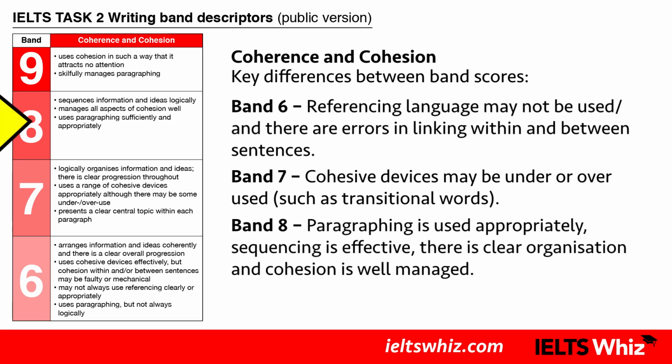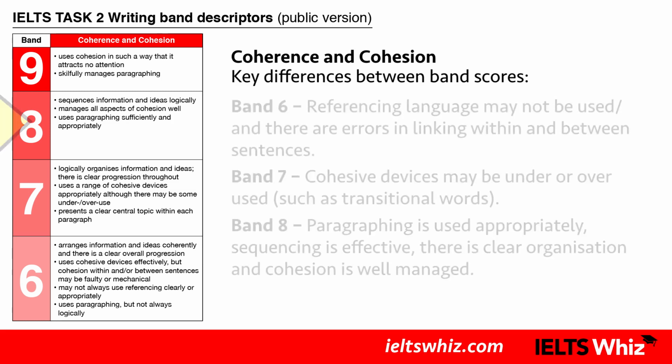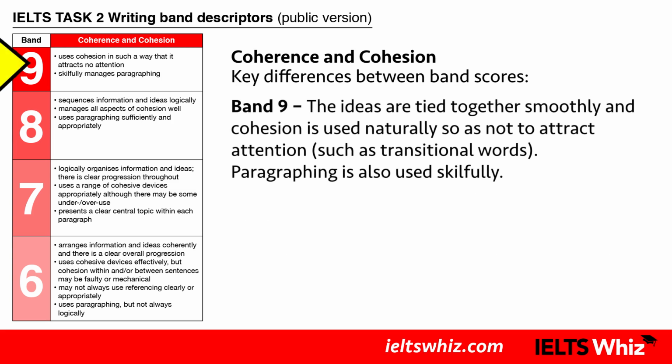For Band 8, paragraphing is used appropriately, sequencing is effective, there is clear organization, and cohesion is well managed. For Band 9, the ideas are tied together smoothly and cohesion is used naturally so as not to attract attention, such as transitional words. Paragraphing is also used skillfully.